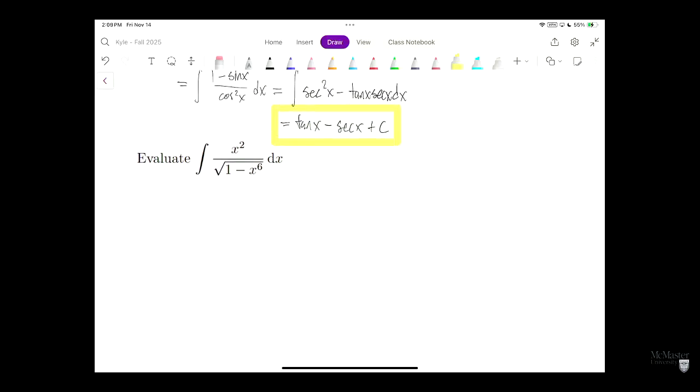Integral of x squared over 1 minus x to the 6th. Do you want to take another 30 seconds? Actually, let me just look at what else we're doing today.